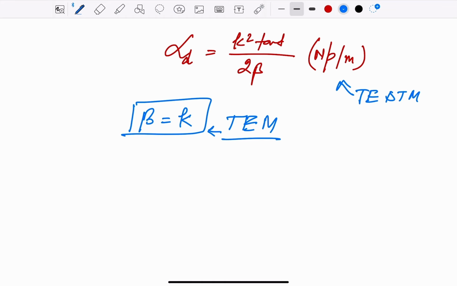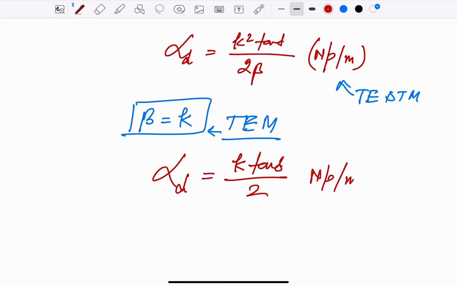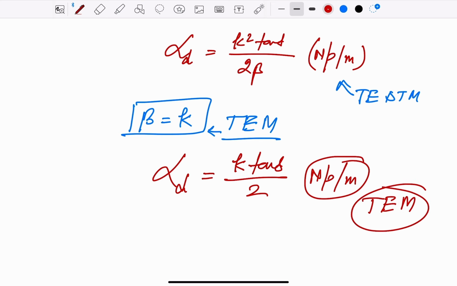In this scenario, alpha d will be k times tan delta, the loss tangent, divided by 2 Nepers per meter. So this equation is only for TEM mode. With certain approximations, we have finally got this alpha d.